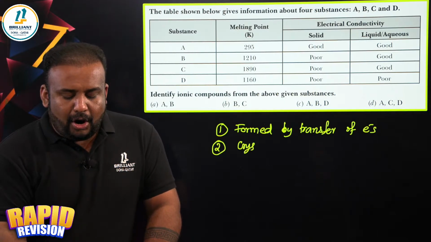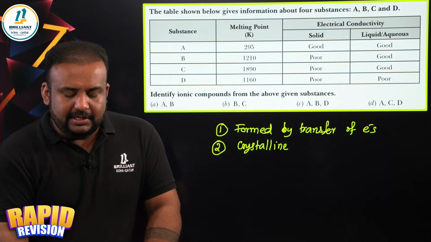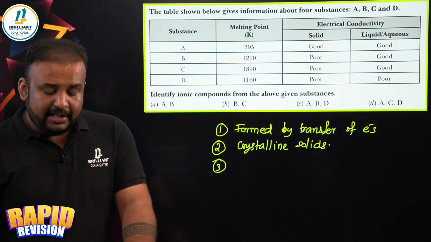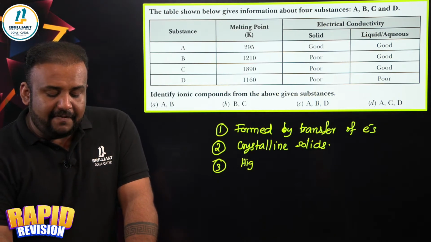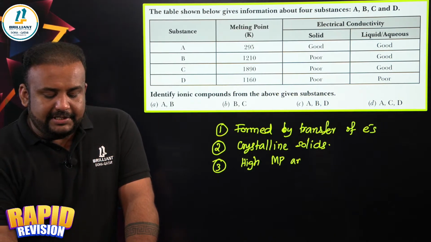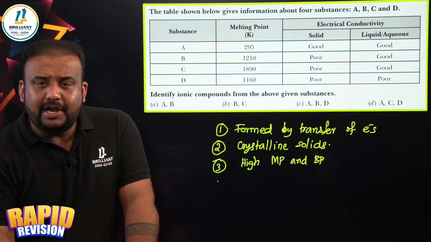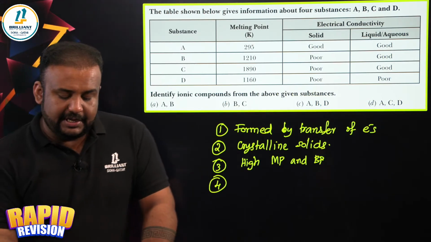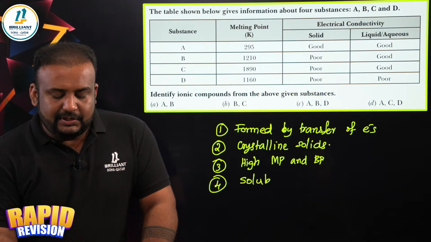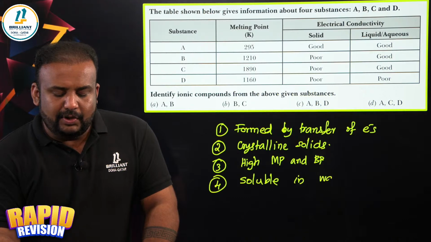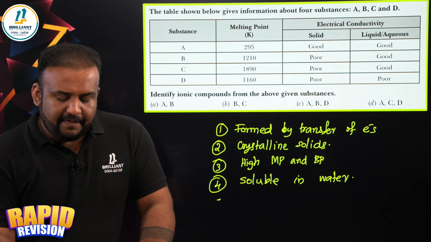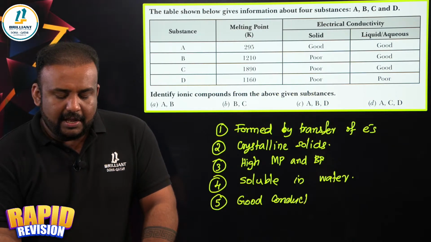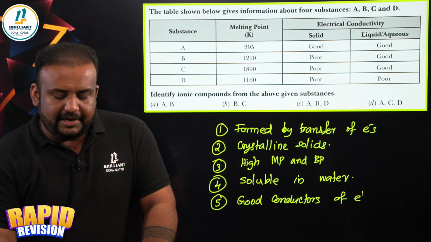Second, they are all crystalline solids. They have a uniform close packing of the particles present, right? Third, they have very high melting points and boiling points due to strong interionic forces of attraction. Fourth one, they are soluble in water, but they are insoluble in organic solvents. Fifth one, they are good conductors of electricity.